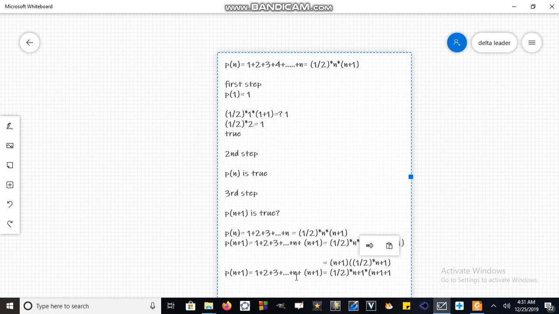The first n plus 1 is the term, and this one is the one of the formula. What I wrote here is simply the formula applied to Pn plus 1.